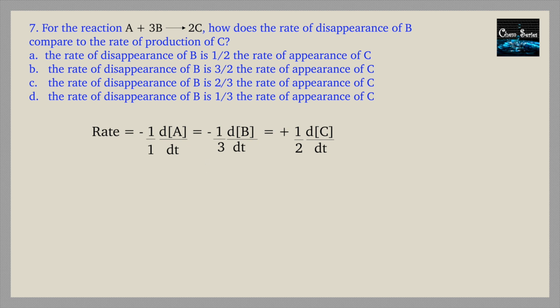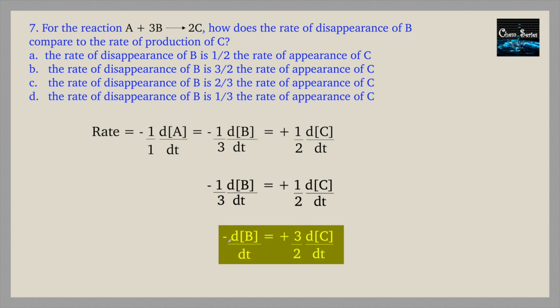So you see, we need to compare the rate of disappearance of B with the rate of appearance of C. They have given only the B concentration and the C concentration, so we will take these two and cross multiply the 3 and check. Minus d[B]/dt is equal to plus 3 by 2 d[C]/dt. The first option says the rate of disappearance of B equals the rate of appearance of C. Is it true?